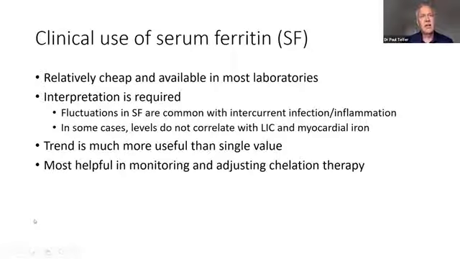And in most of our experience, we have patients where the serum ferritin, we know, actually doesn't reflect the iron levels, both in terms of liver iron, cardiac iron, or indeed in terms of their chelator history and their clinical course over time.